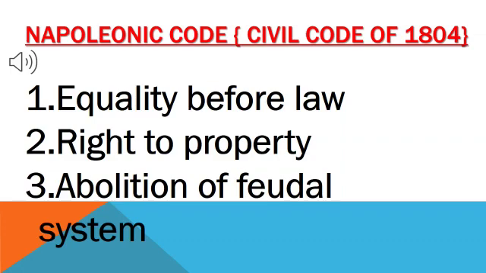According to this code, he had taken away all the privileges based on birth. He established equality before the law and secured the right to property for everyone. And at the same time, children, this code was exported to many regions under French control by him.